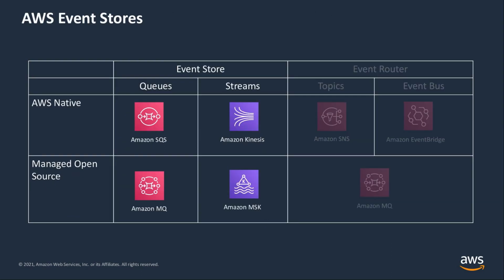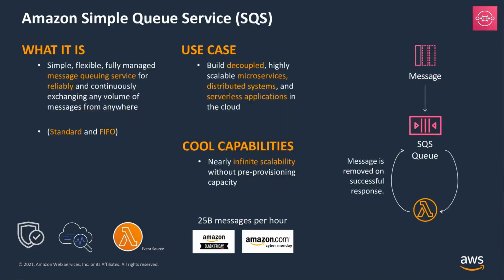All right, so we have so many different event store services to choose from: SQS, Kinesis, MQ, Managed Service for Kafka, MSK. How do you decide which one of these to pick? We'll touch upon SQS and Kinesis since they're popular in serverless architectures. Lambda has really good integration with both.